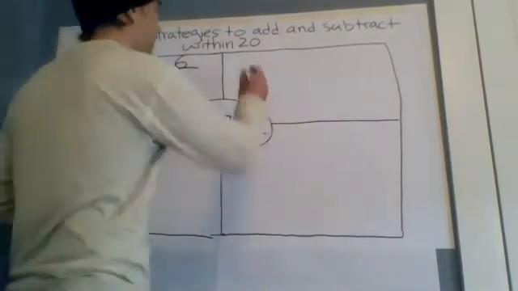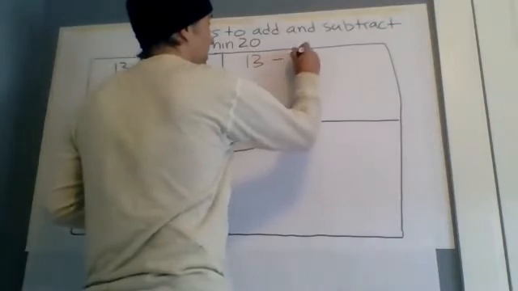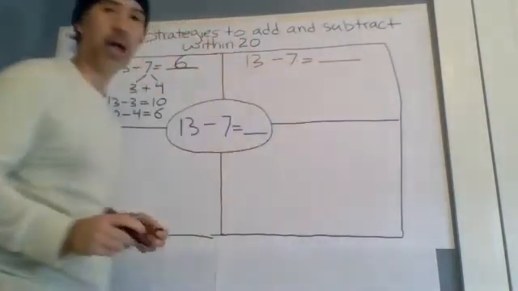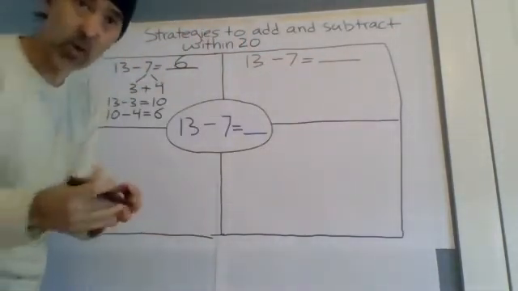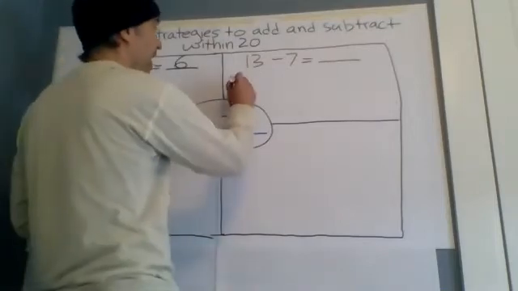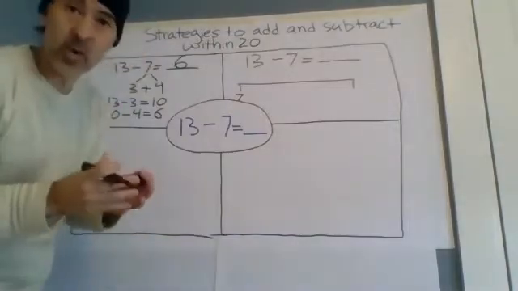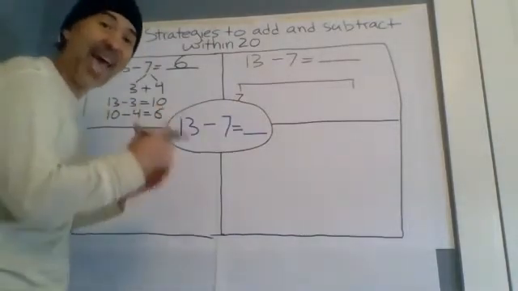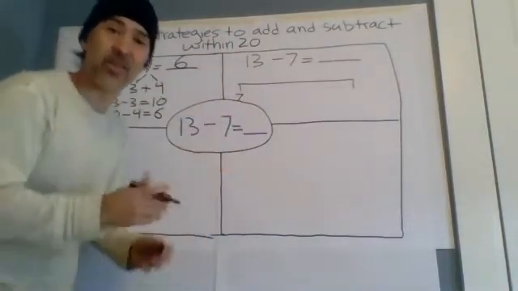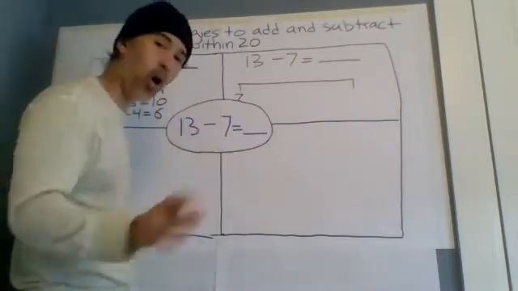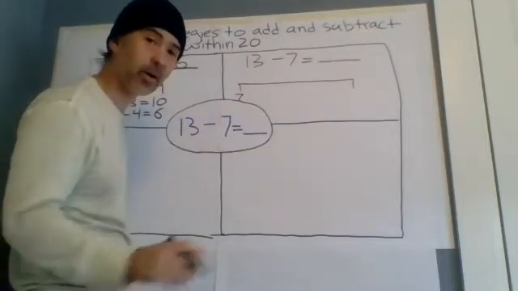I love to use a number line as a tool to help me add or subtract. In this case, I'm going to use the number line and add up from 7 to get to 13. So always looking for a friendly number.